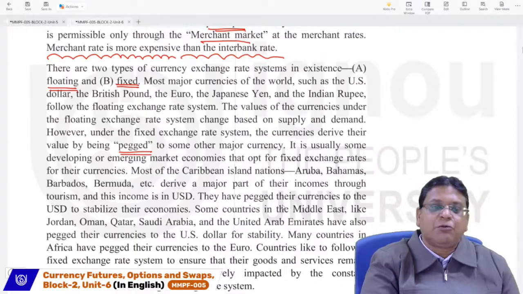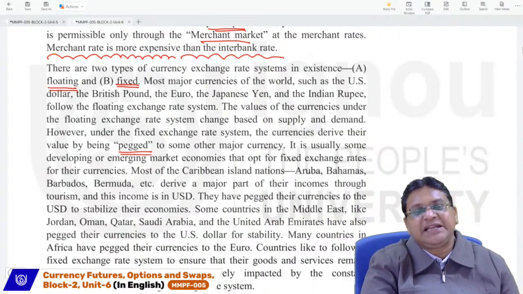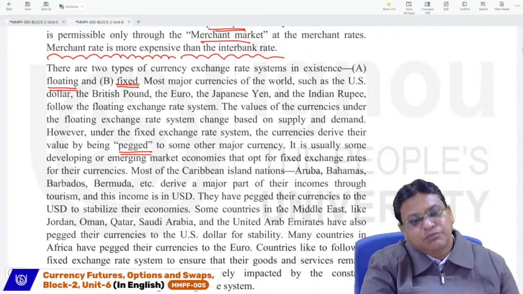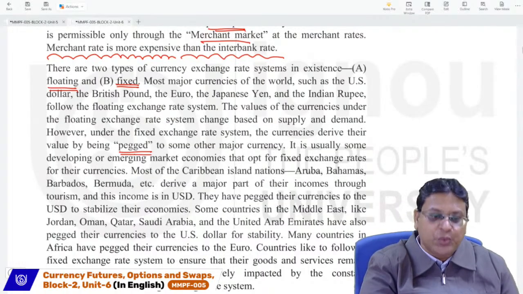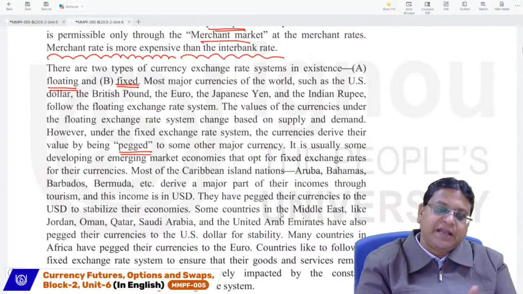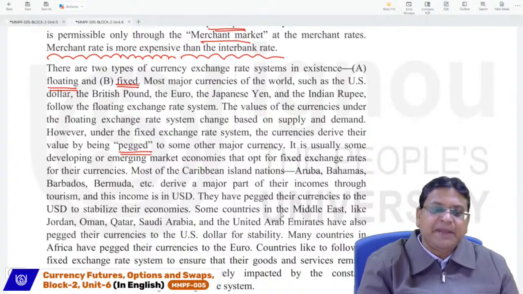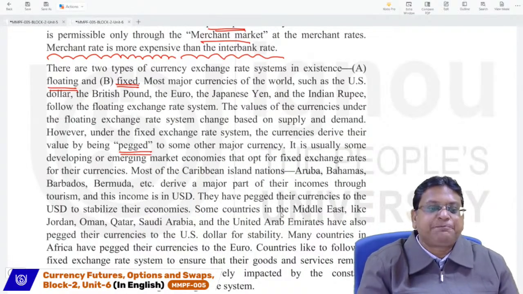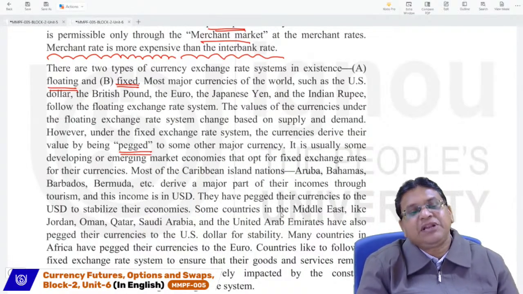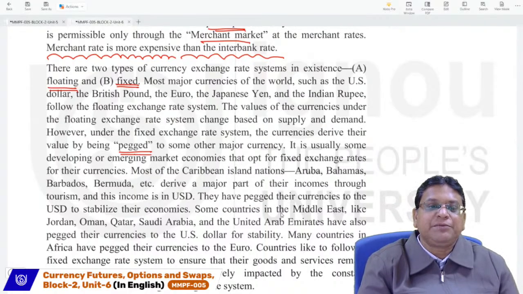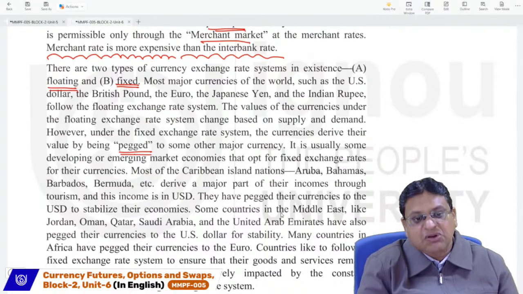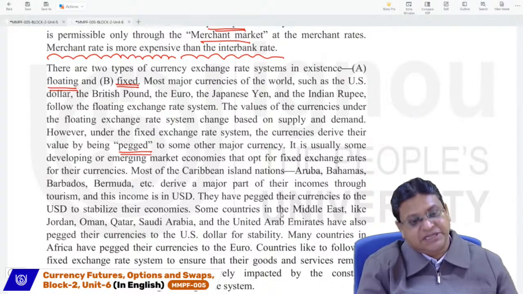In this case, the fluctuation in exchange rate is not so frequent. After a regular period, the country may revise the rate if it is a fixed exchange rate. The revision may be in the form of revaluation or devaluation of currency.